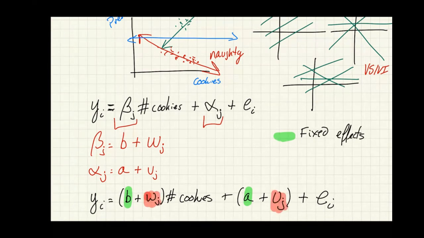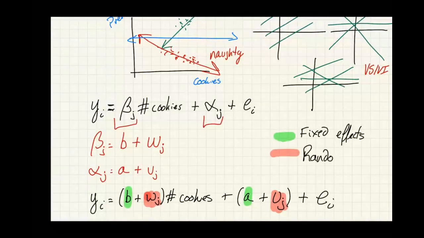These are called the random effects, and they indicate the deviation from the overall relationship or overall estimate.